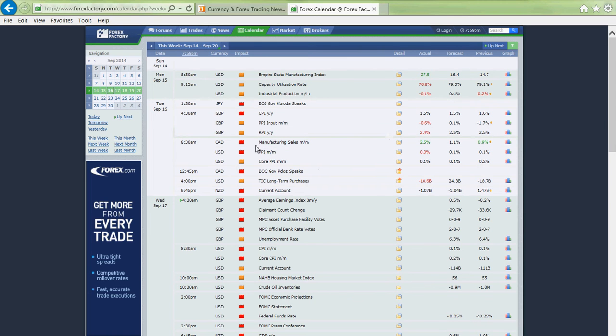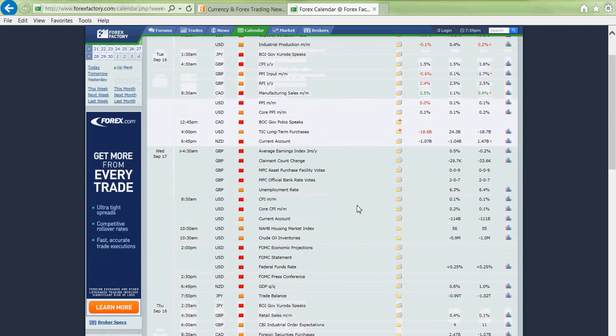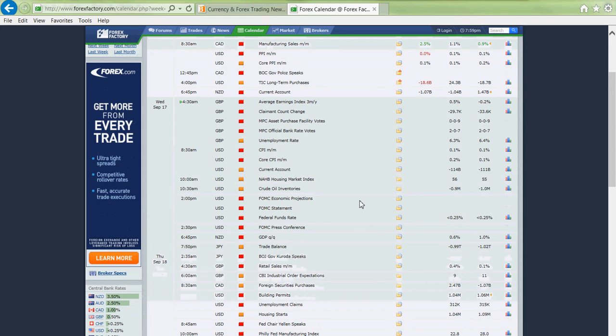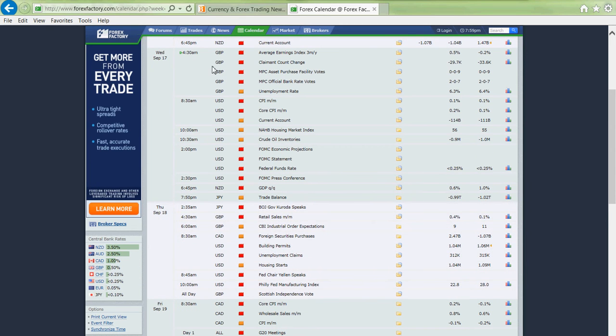As you can see, manufacturing sales came out today on the CAD with positive numbers, which is great for our positions on the CAD. And the CPI numbers on the pound came out pretty stagnant. So in my opinion, I want to definitely see some more movement to the downside as we look at the remainder of the week.